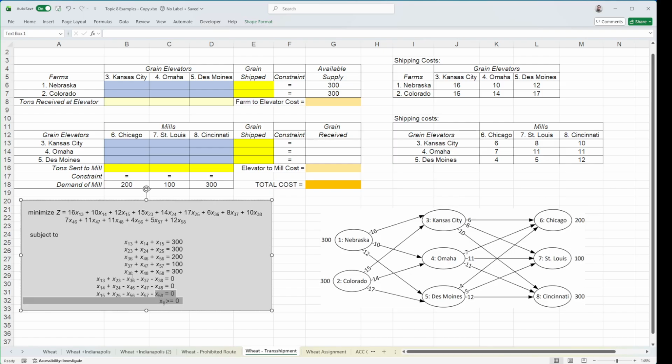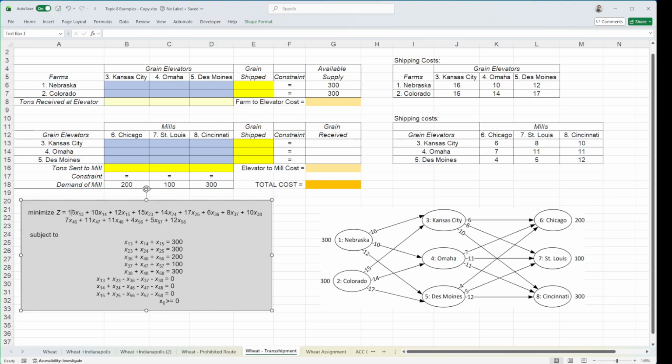On the left, in the gray box, we have the mathematical model. Similar to the transportation problems, we have one variable per arc. For example, for the arc from 1 to 3, we'll define the variable x13, denoting the amount of grain shipped from the farm in Nebraska to the grain elevator in Kansas City.